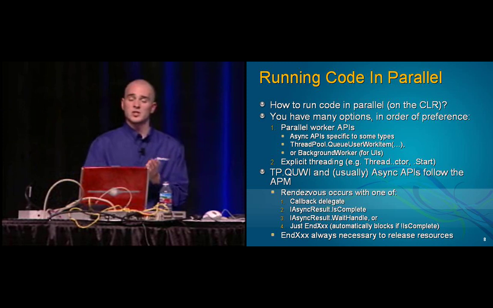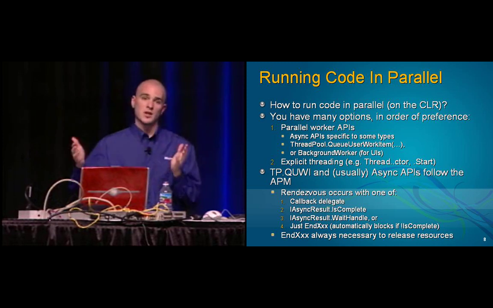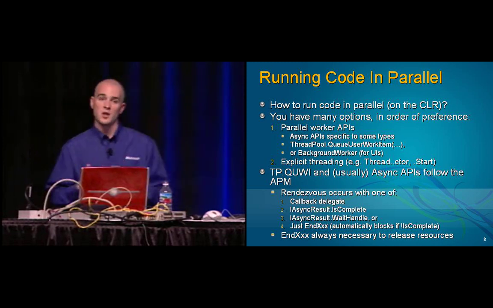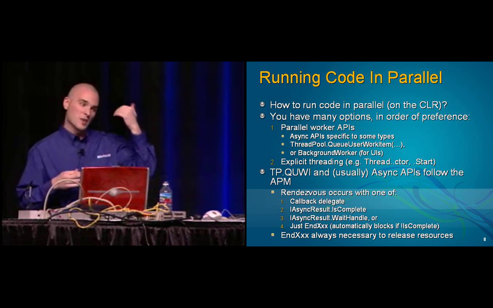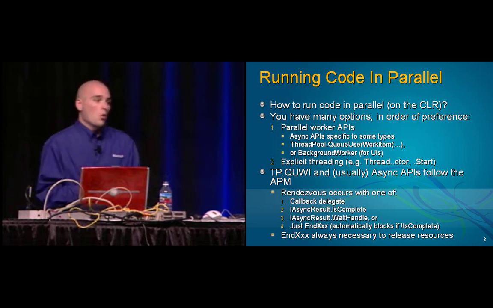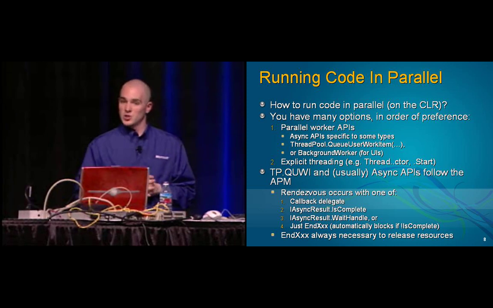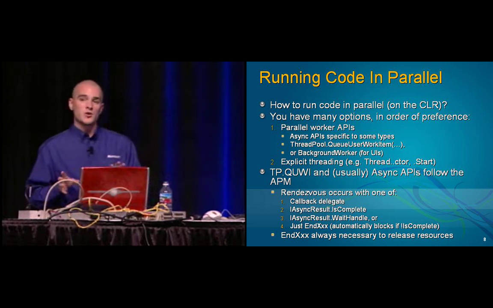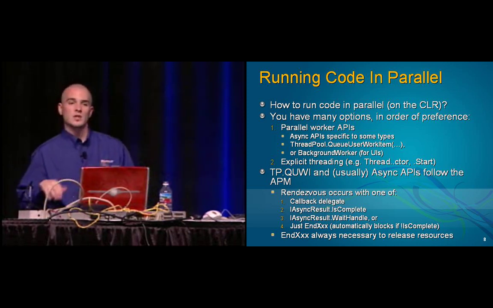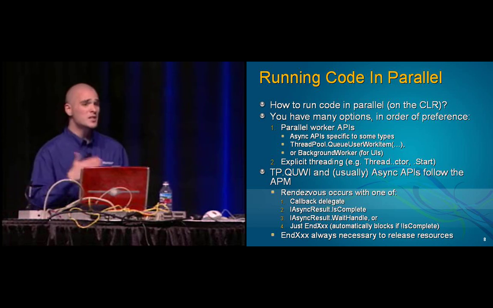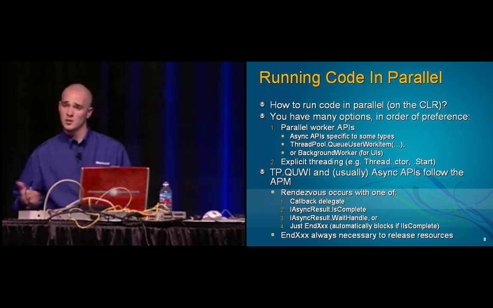You may be constructing two threads that have a special relationship with one another, like a parent and a child, or you may be doing something like a producer-consumer. In these scenarios, you want to use explicit threading because you can manage the relationships, you can manage the lifetime of the thread, and you can be intelligent about how you're constructing threads.